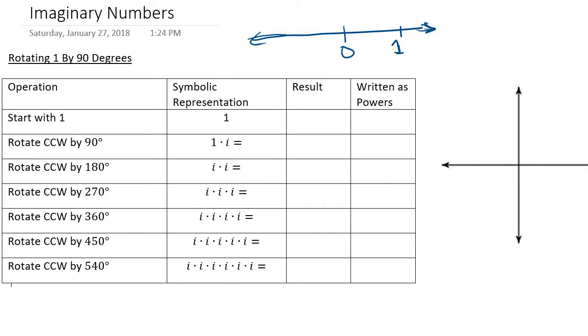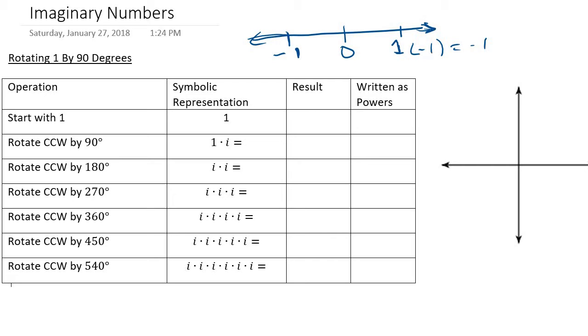I can multiply by -1, for example. If I multiply 1 by -1, that will give me -1. On the number line, it will be on this side.